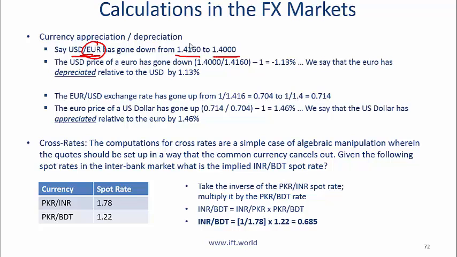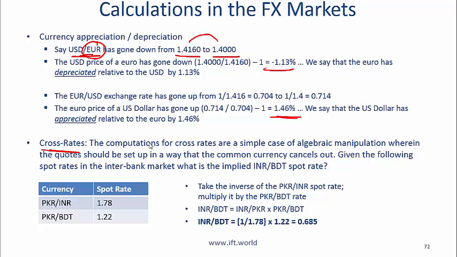In this particular scenario, we say that the base currency has depreciated by 1.13%. If we take the reciprocal, then we will notice that the dollar has actually appreciated by 1.46%.